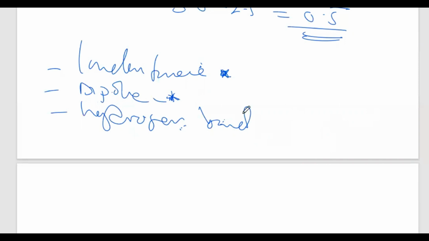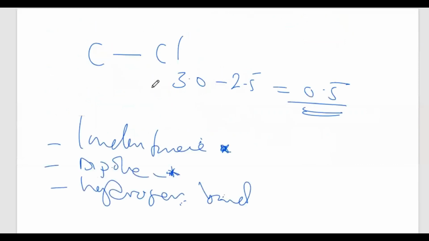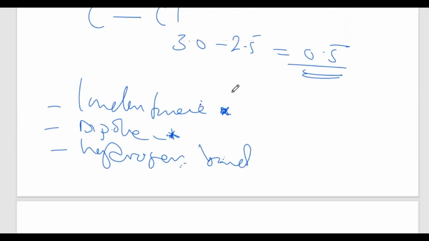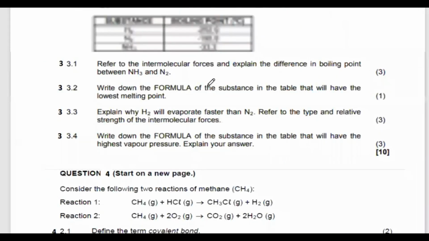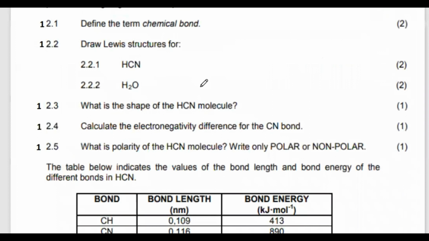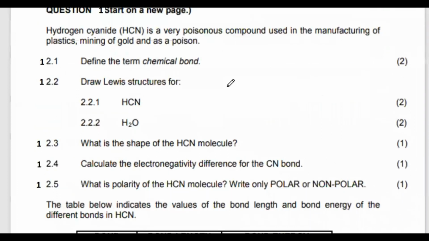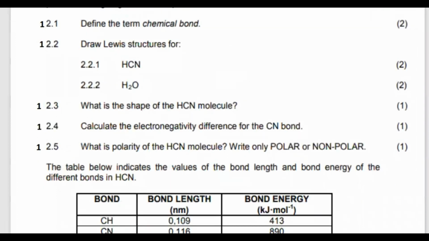So let me show you the different questions. Other things I'll talk about later. Let's do these questions. Define what is a chemical bond. When someone asks what is a chemical bond, what do you say?